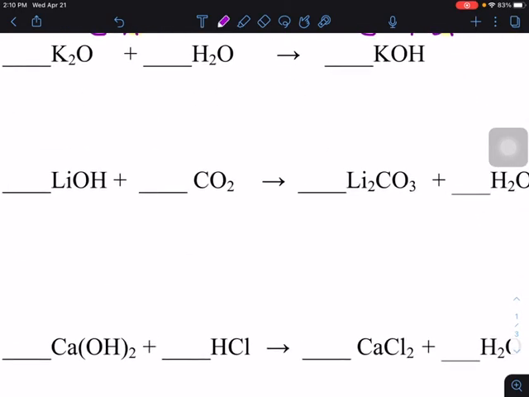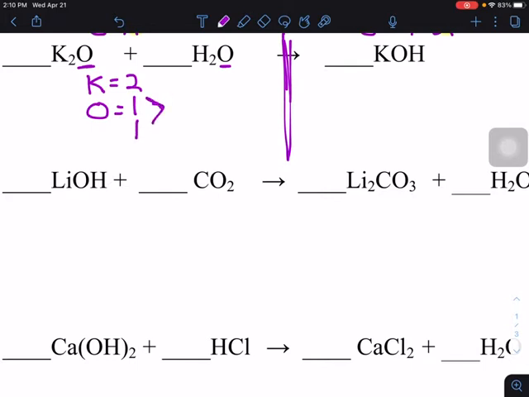We've got potassium, 2 of them. We've got oxygen, 1. And we also have oxygen in another place. We have oxygen here and oxygen here, both of them to the left of the arrow, so both of them are reactants. So we have 2 places where we have oxygen.